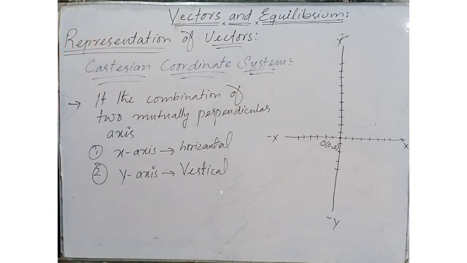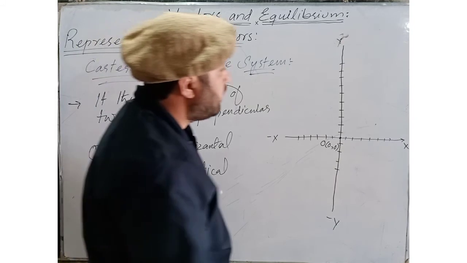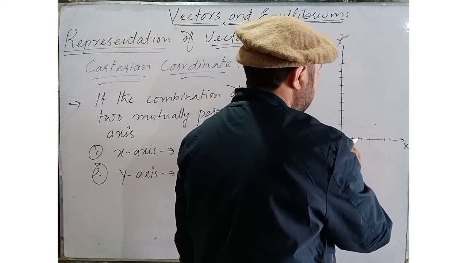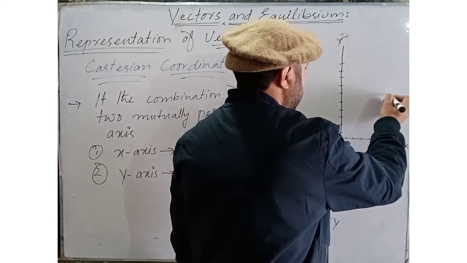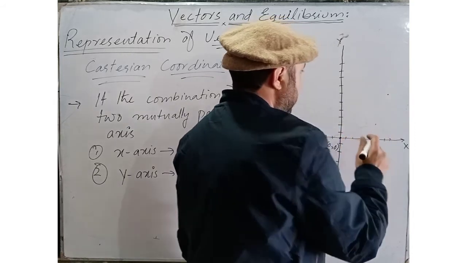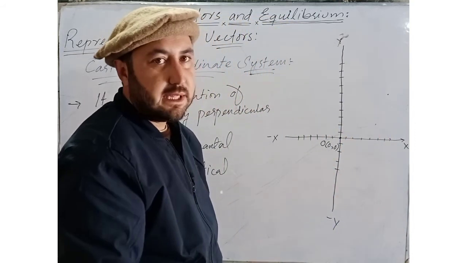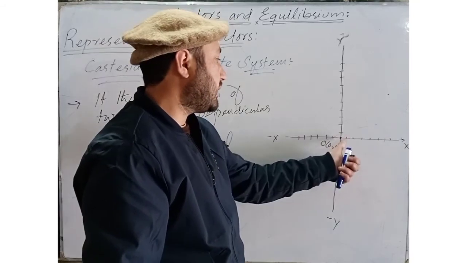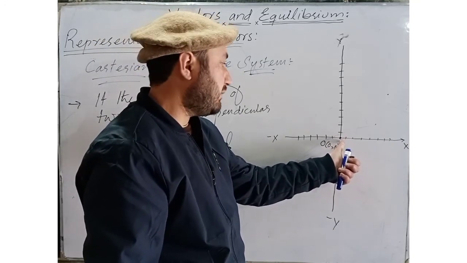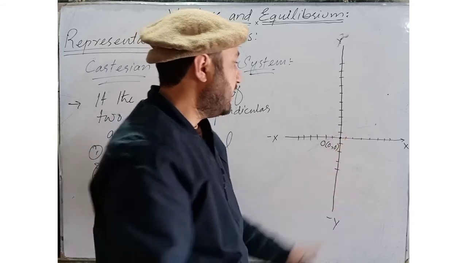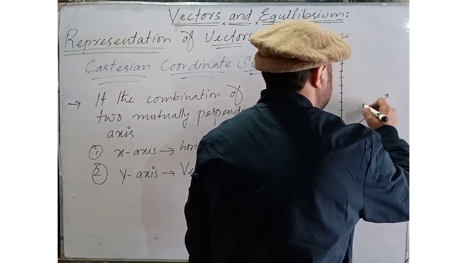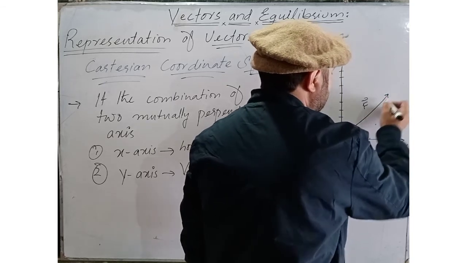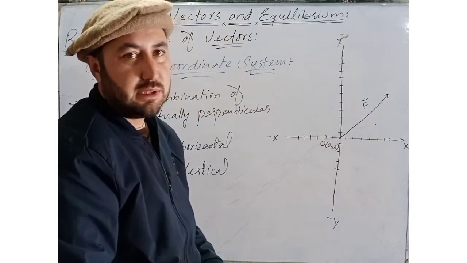Okay, now let us represent a vector quantity. Let us say that we are going to represent force. In order to represent any physical quantity, the quantity must start from the origin, and this is what we call the reference point. So let us say that this is the force, and the length of the force shows its magnitude.